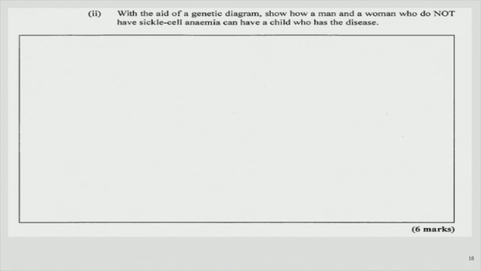Okay, so at this time we'll continue where the last part of the question says, explain why the sickle cell allele is more common in the population in countries where the severe form of malaria is present.